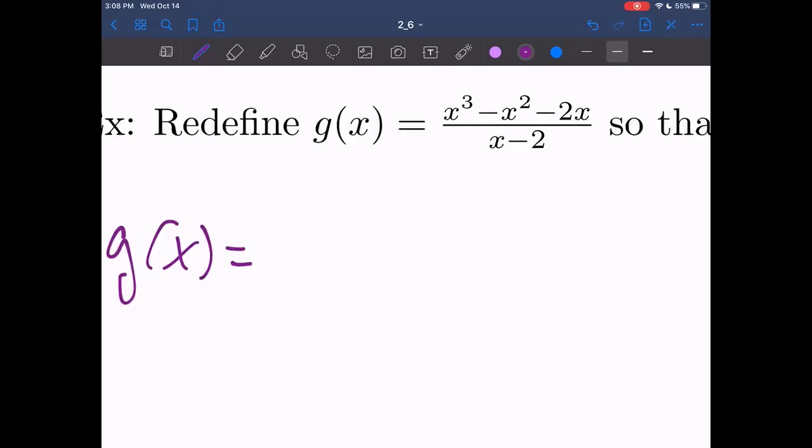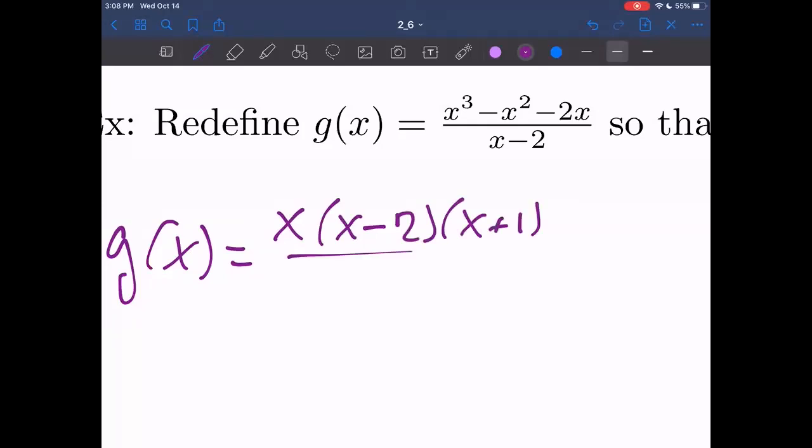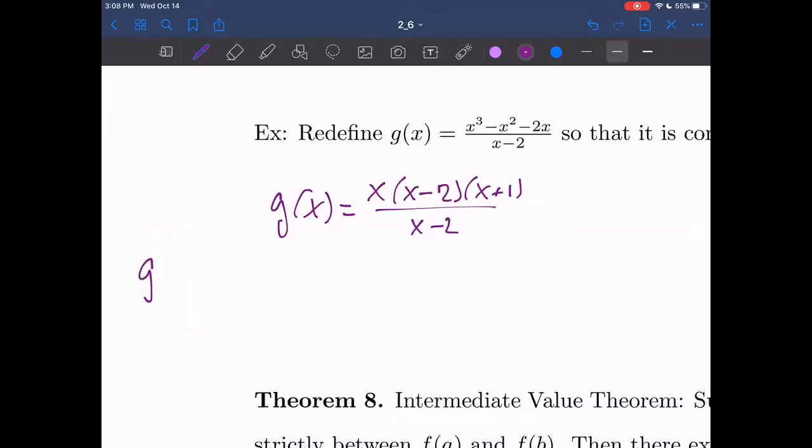So g of x factors into x times (x minus 2)(x plus 1) over x minus 2. Okay, and g of 2 does not exist.